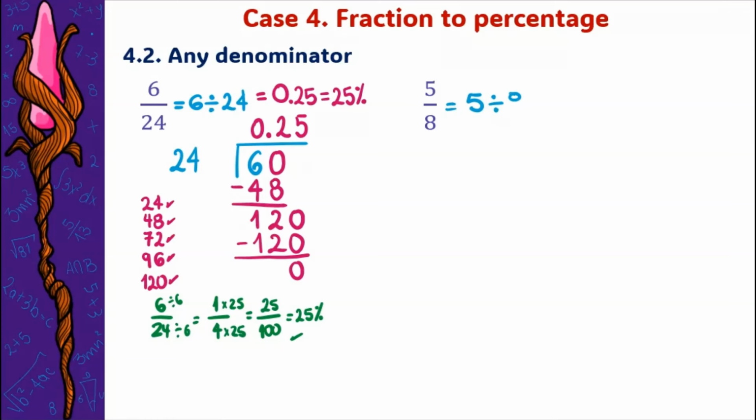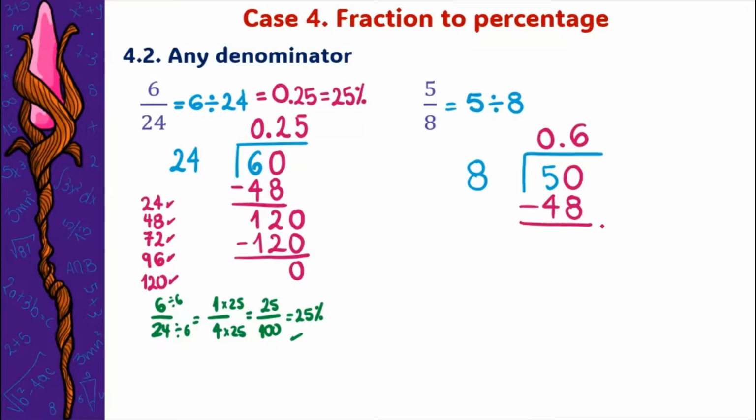5 divided by 8. Again, the 5 is too small for 8, so it's 0 times. And then we are able to put the 0 to keep going with the division. 50 divided by 8 is 6. 6 times 8 is 48.